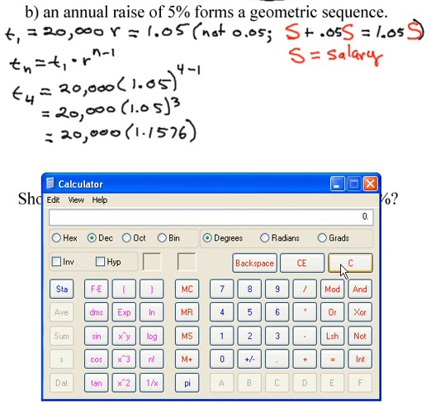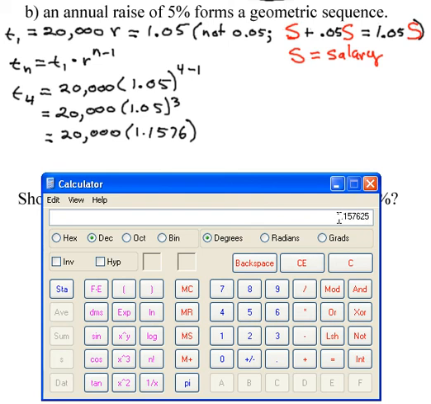Here's my computer's calculator, any base to any power button. Raise 1.05 to the third power. And since we all want to get the same answer, let's continue with the practice we started in Chapter 10, and round this off to 4 places.